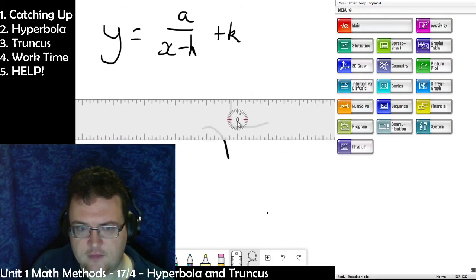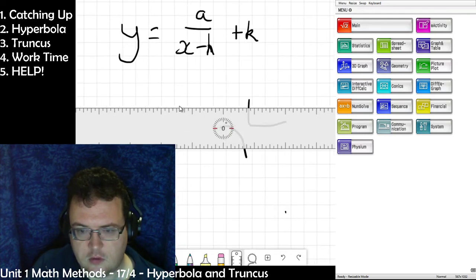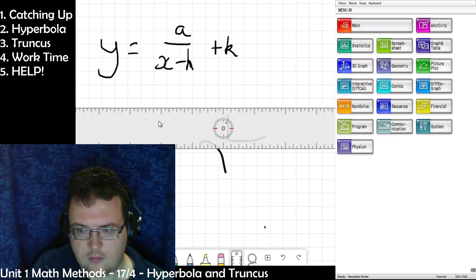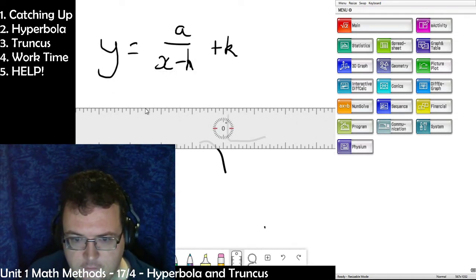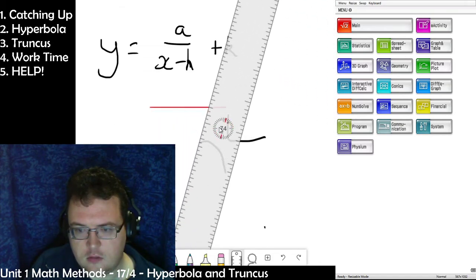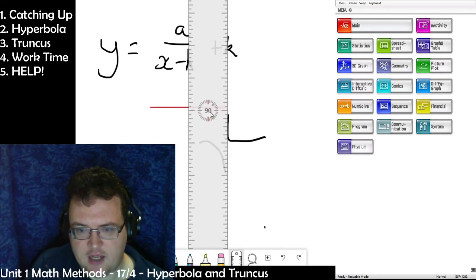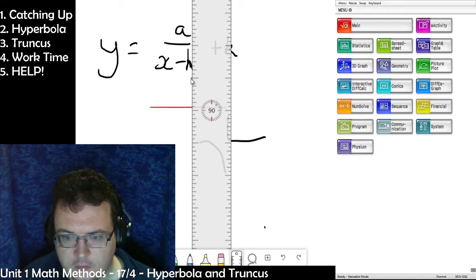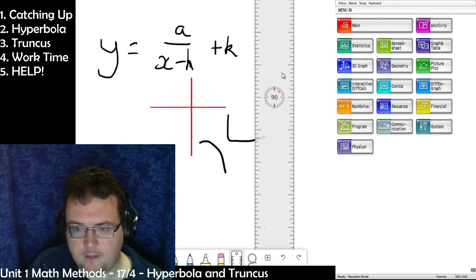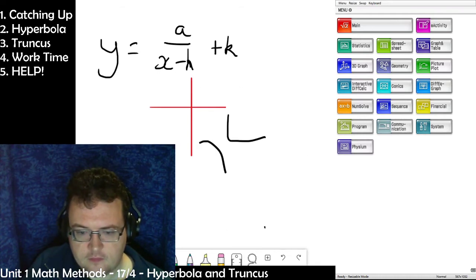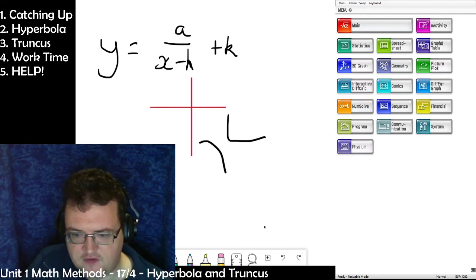This is chapter 4, 4A and 4B today. So I've got a very, very rough set of axes here.